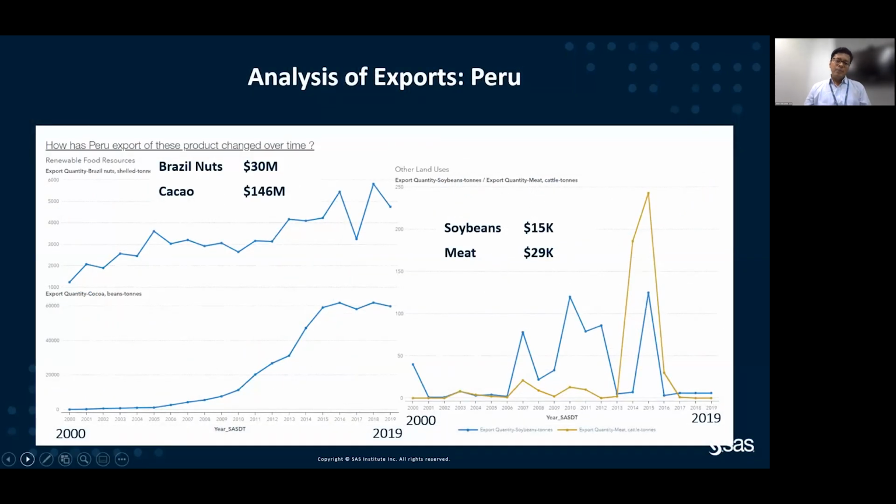We compare this analysis of exports to Peru. Just because of the size of Peru, the overall numbers are also very small, but we can look at them relatively and percentage wise. On the left hand side, we can clearly see the increasing trend, and the revenue they managed to generate was in millions, whereas soybean and wheat is declining, and the figure is in thousands.